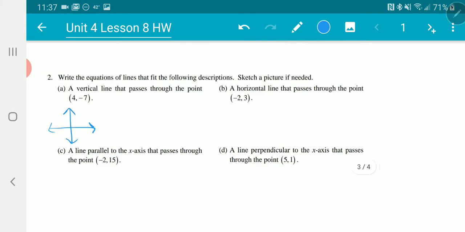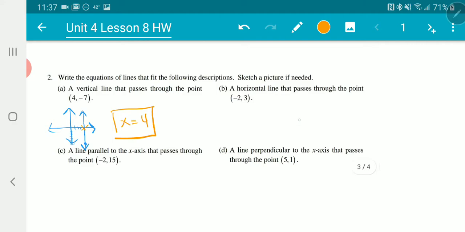If you know the hints from above, you won't need them, but at 4, -7, let's just see, 1, 2, 3, 4, and then it goes down 7, 1, 2, 3, 4, 5, 6, 7. So your point's going to be somewhere down here, and it says it's a vertical line. Boom. Well, if that's the case, I'm crossing through my axes right there at x equals 4.